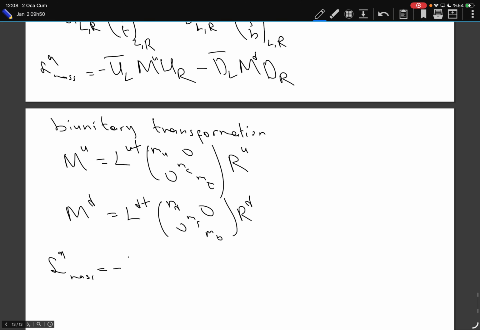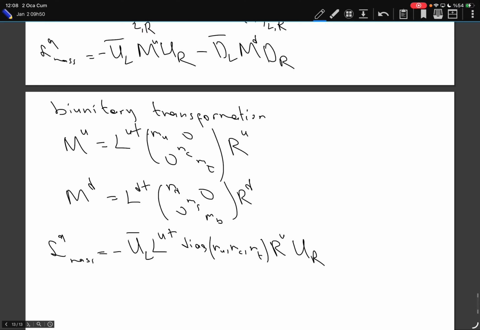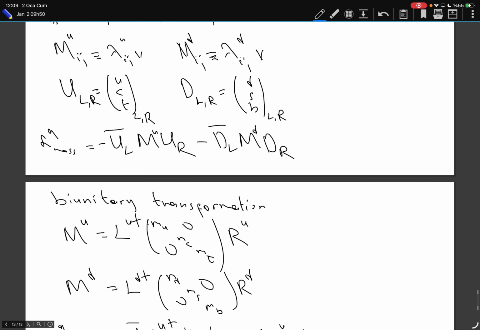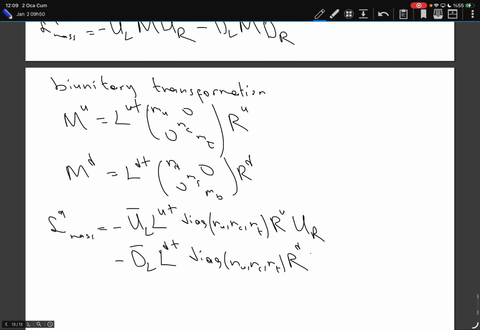It becomes UL bar, LU dagger, some diagonal matrix, UR, minus DL bar, LD dagger, diagonal matrix, MU, MC, MT, DR.